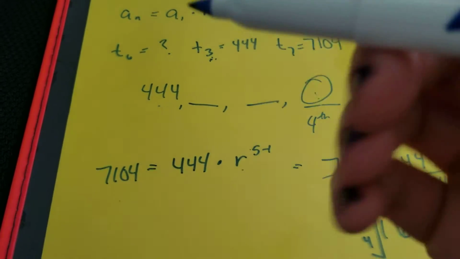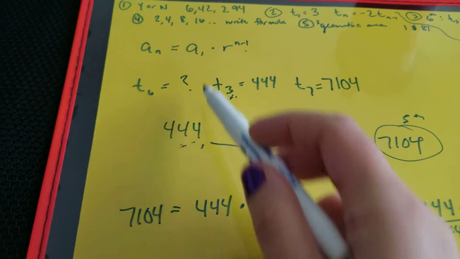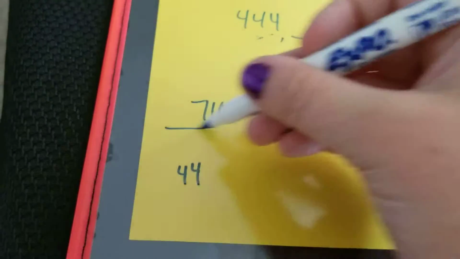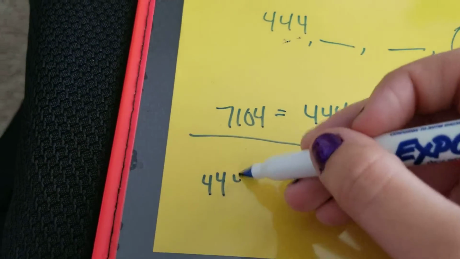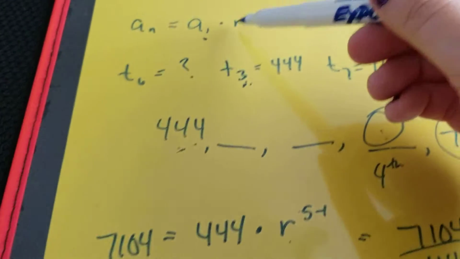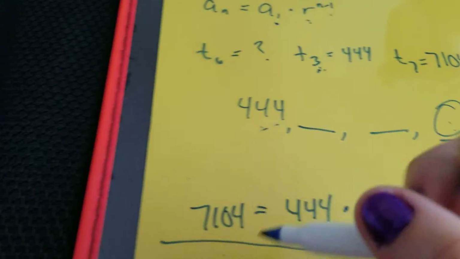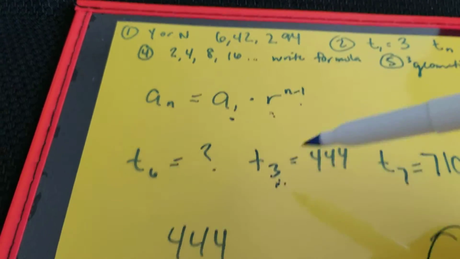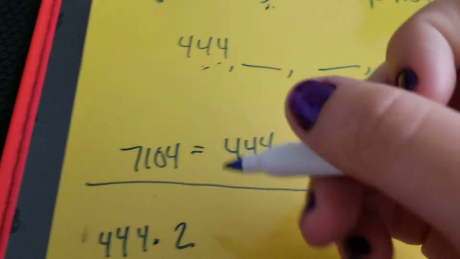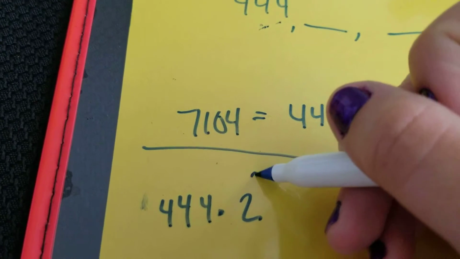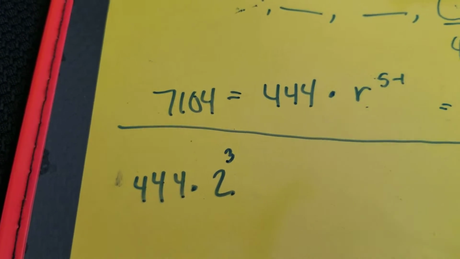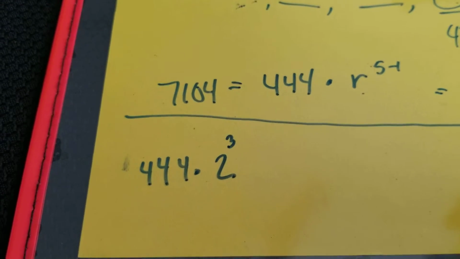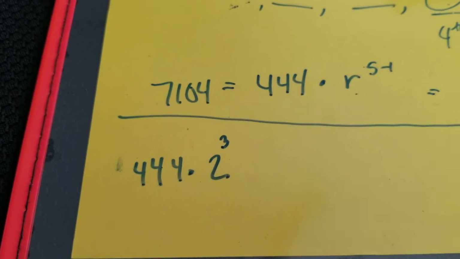Okay, so the 1st term is going to be 444 times the ratio, which we established was 2, to the n minus 1 power. And again, we're looking for the 4th term. So n minus 1, so 4 minus 1, which is 3. So 2 to the 3rd power is 2 times 2, which is 4. 4 times 2, which is 8.